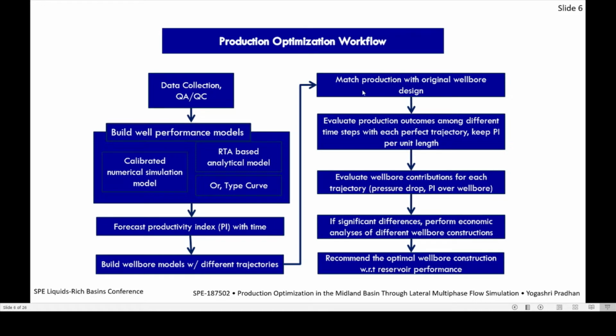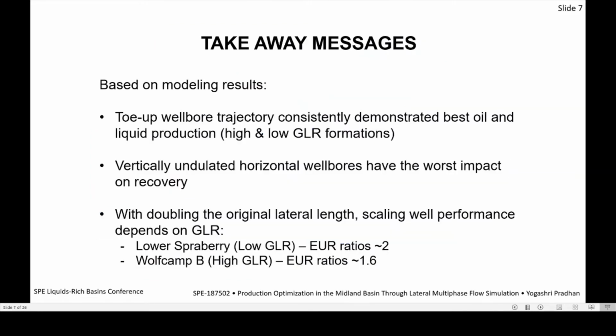We matched production with original wellbore design. We evaluated production outcomes with different time steps and kept the PI unit per length. We evaluated wellbore contributions for each trajectory, and if there were significant differences, we performed an economic analysis, and we'd recommend optimal wellbore construction with respect to reservoir performance.